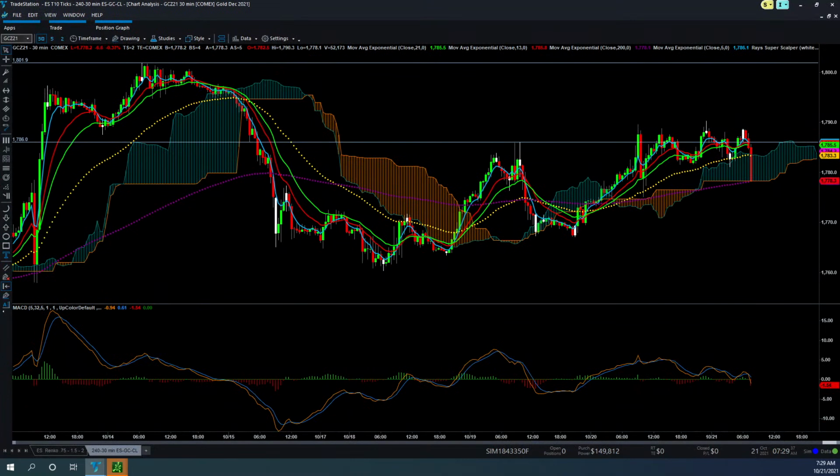Right here, 200 right there in the 30-minute chart. So it's probably going to find a little bit of resistance there. We'll see.